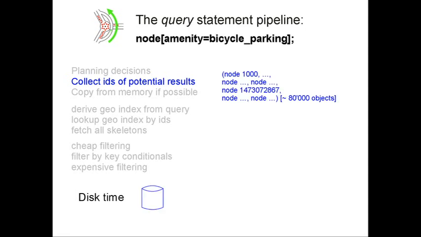We now compare this query with one result with a query with several 10,000 results. We look up the IDs of all objects having this tag within only 1 unit of disk time, although these are 80,000 objects. But looking up for each object ID the corresponding index of the object now takes insanely 80,000 units of disk time.